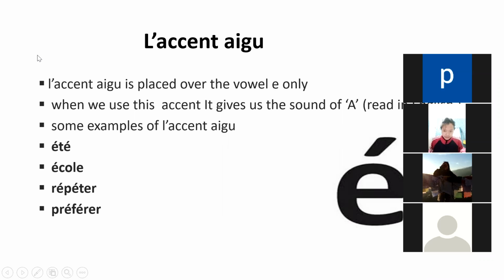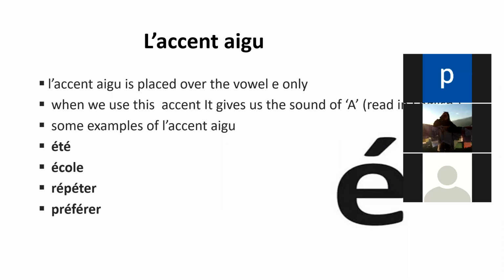So let's read the characteristics of this accent. L'accent aigu is placed over vowel E only. Your question could be, explain l'accent aigu. That means explain the first accent.